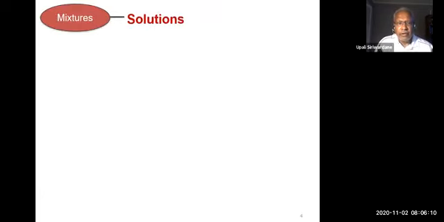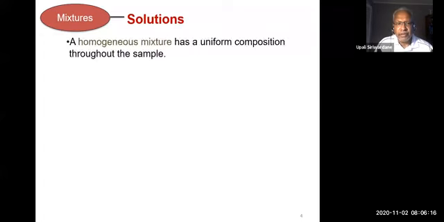We're going to talk now in detail about solutions. Solutions are homogeneous mixtures that have uniform composition throughout the sample. Broadly, a homogeneous mixture means a solution. Solutions could be many different types: gas mixtures, liquid solutions, or solid solutions, or alloys.